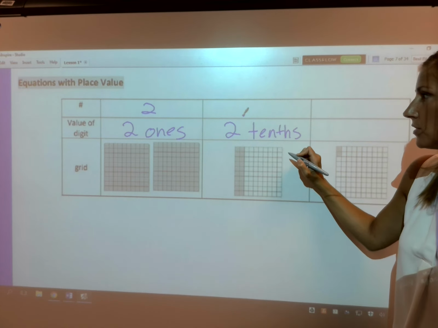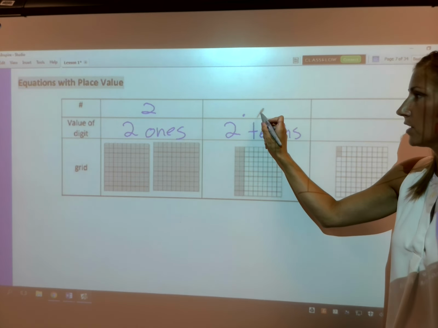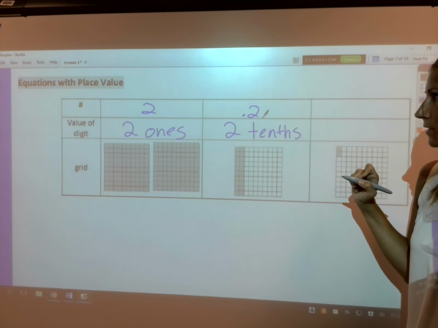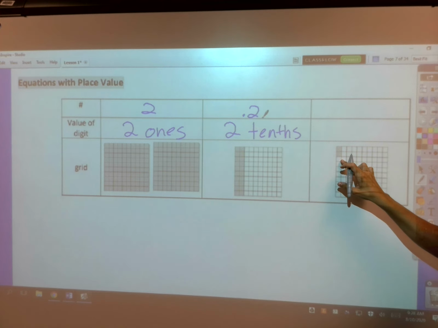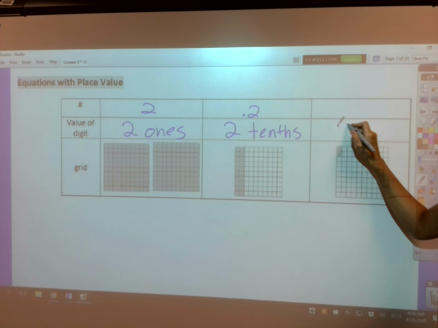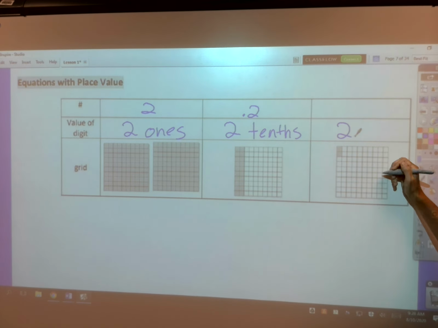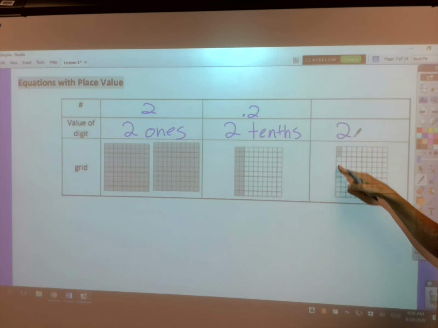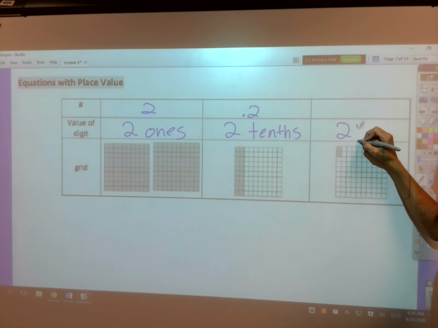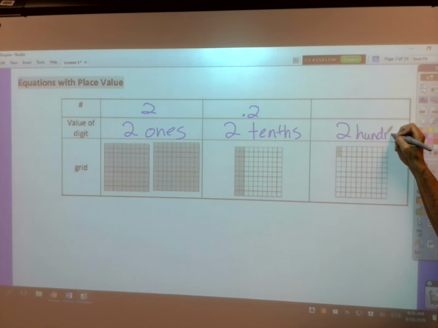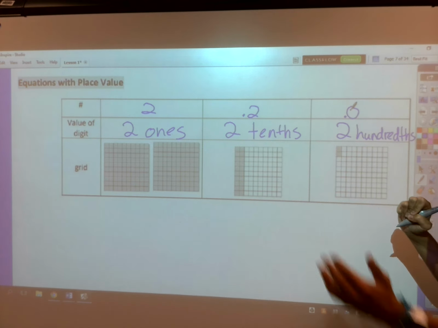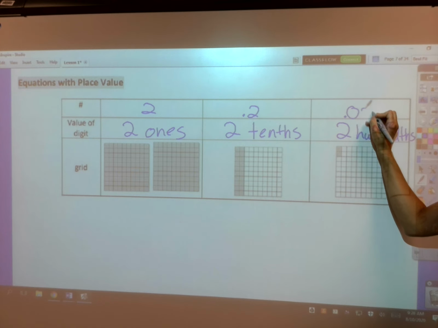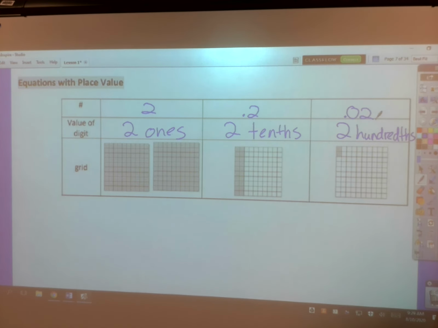So we have the decimal, and this place value is the tenths. Getting smaller. Still have 2, but 2 what? Those aren't tenths. That would have to take a whole rod. So that is hundredths. Squeeze that in. So how do we write that one? A decimal. 0 has to hold the 2 in the correct place value. 200.